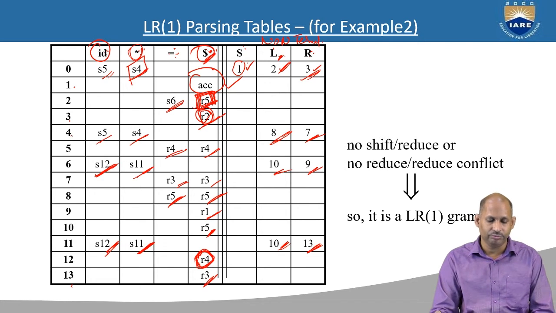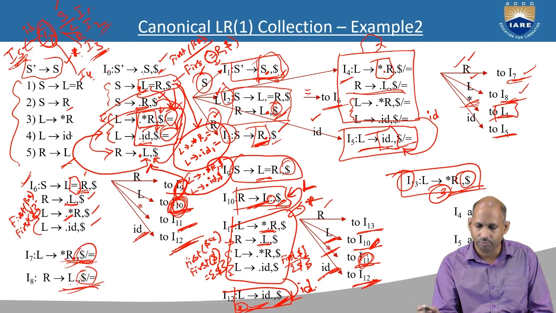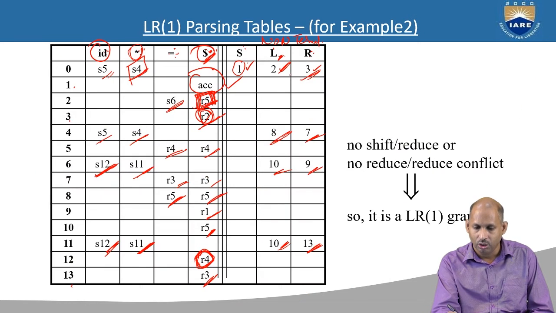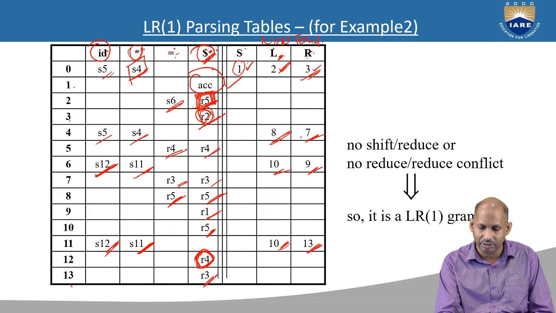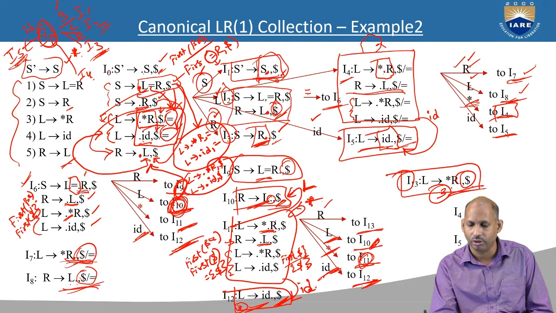Then fourth. I4 has go-to on R going to I7, and on L, I8.